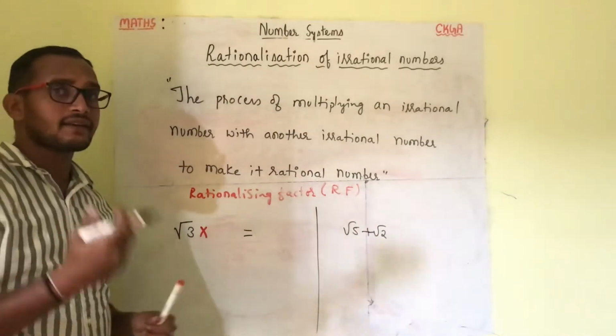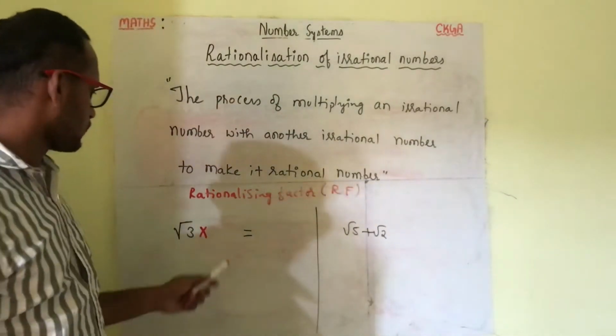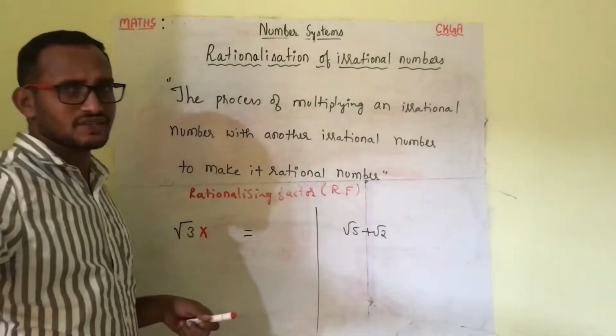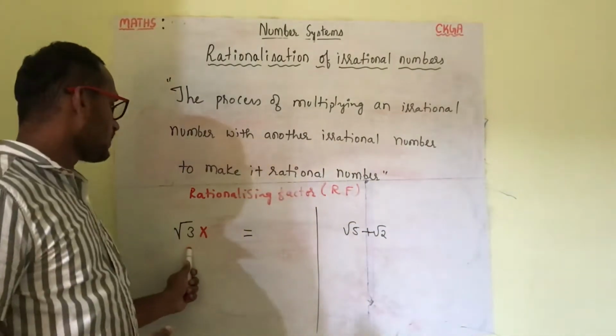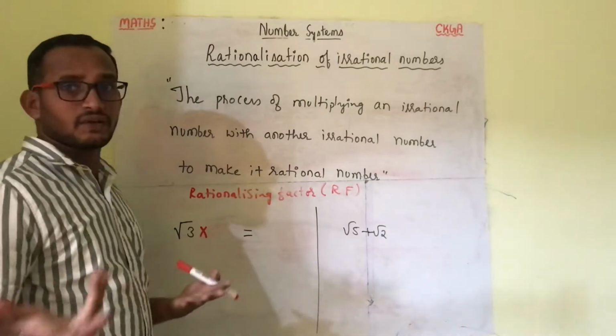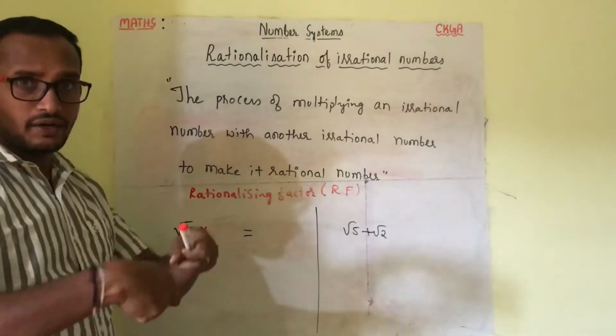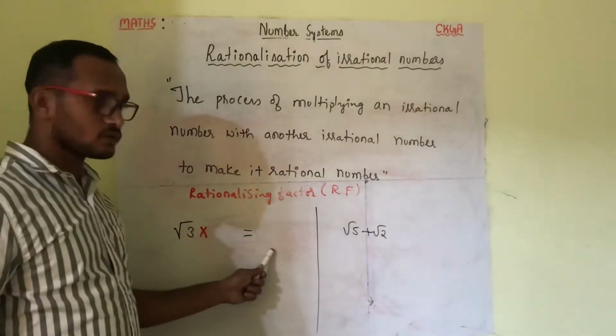Will I get a rational number? If you take 2, 2 into root 3 equals 2 root 3, which is still irrational. If you take 5, 5 into root 3 is 5 root 3, still irrational.